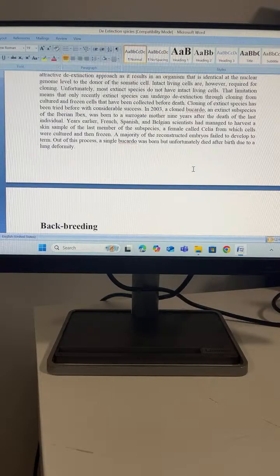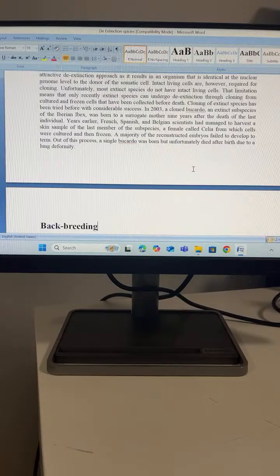In 2003, a cloned bucardo, an extinct subspecies of the ibex, was born to a surrogate mother 9 years after the death of the last individual.